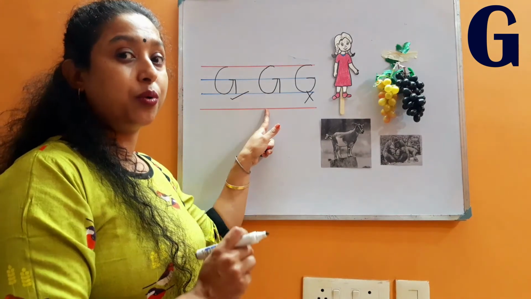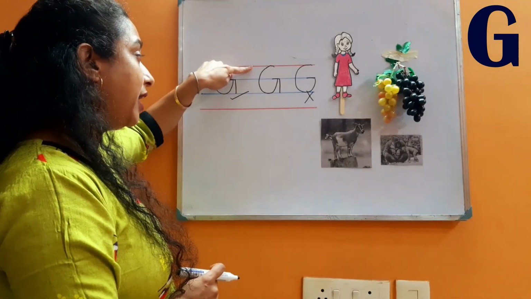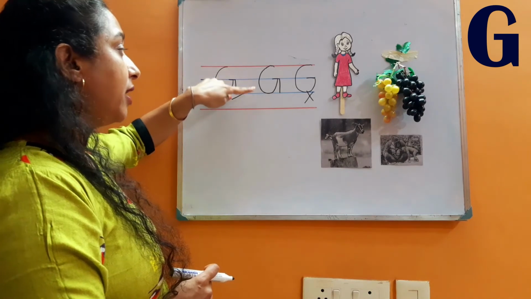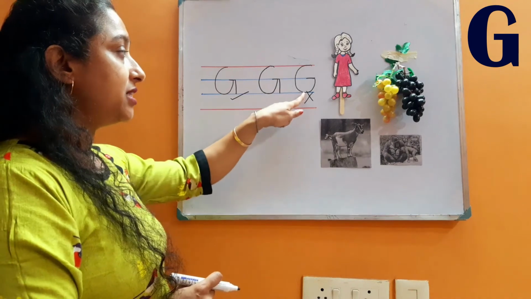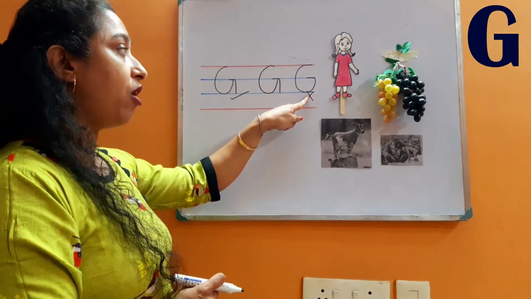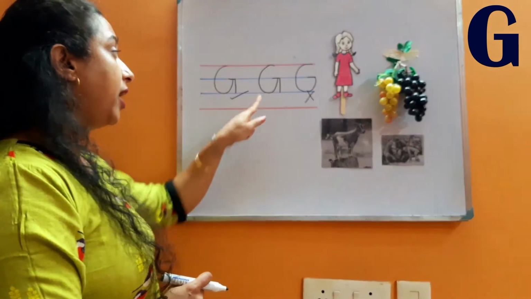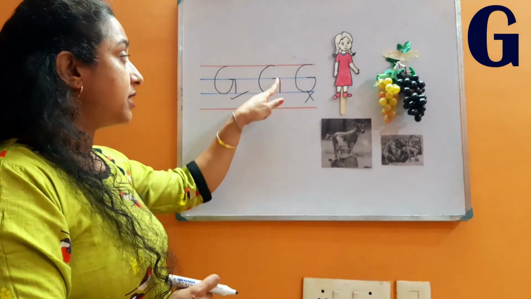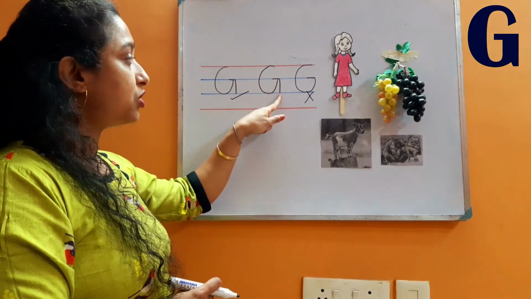So we have to write within these three lines. Top red line, then middle blue line, then the bottom blue lines. Right? And this is the wrong formation of letter G. We have to write letter G in this way. Sleeping line, then a standing line. Then stop over here.